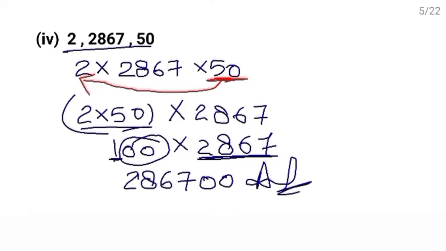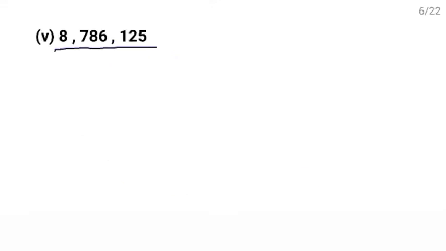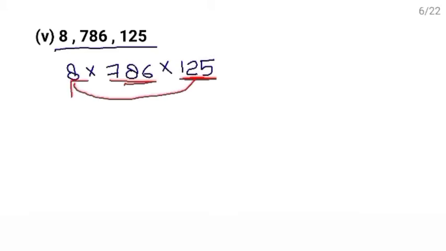This is your answer. Now multiply these three numbers. 8 multiply 786 multiply 125. This is the multiple of 5. So you will multiply this number with any even number. This is a very big number and difficult to multiply with this number. So I am grouping it with 8.